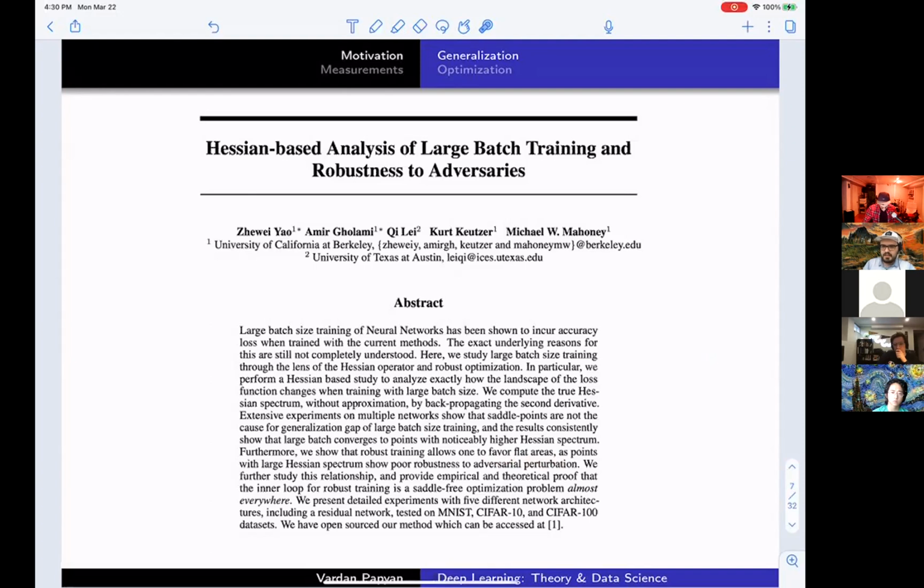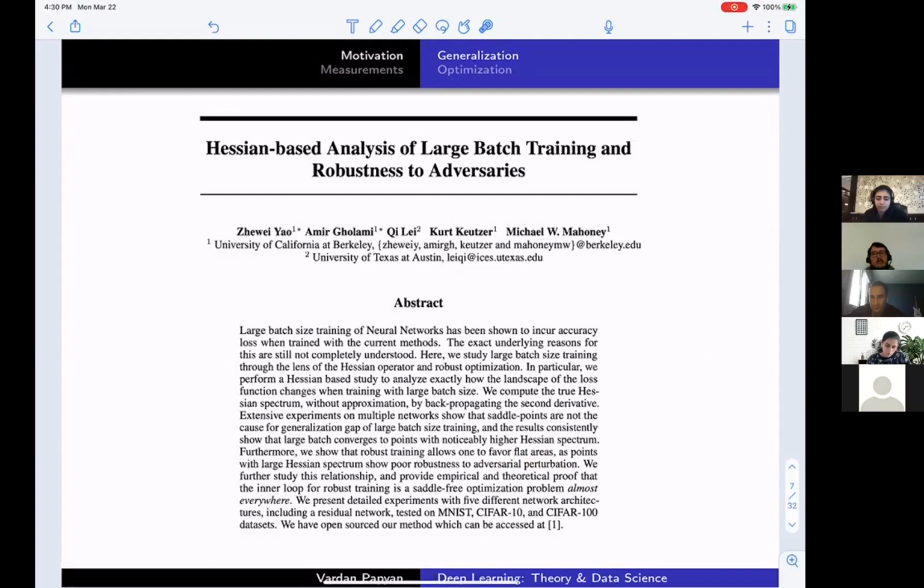So basically what these people are saying is that empirically we've observed that training a deep network with a large batch size in stochastic gradient descent leads to poor, or not poor, to worse test performance. And the question is why?